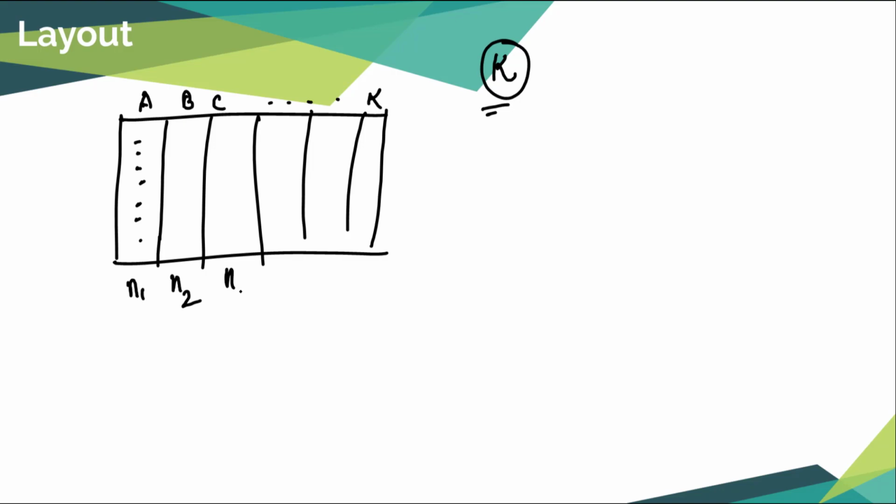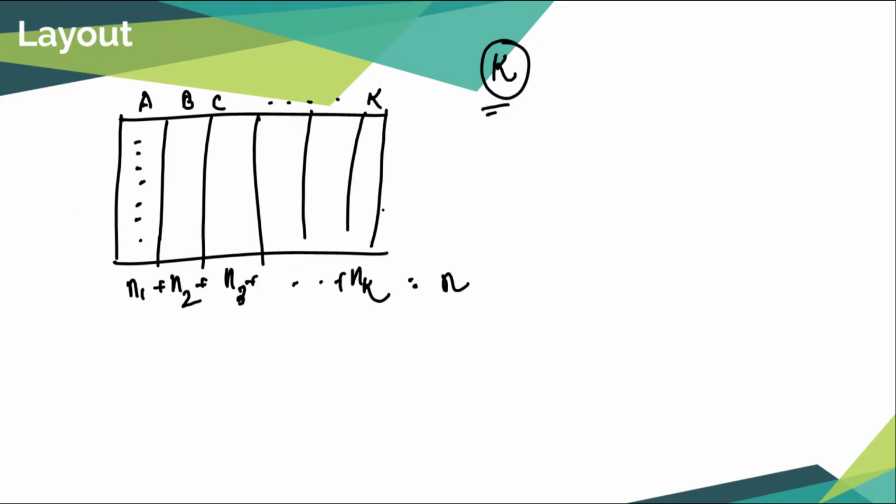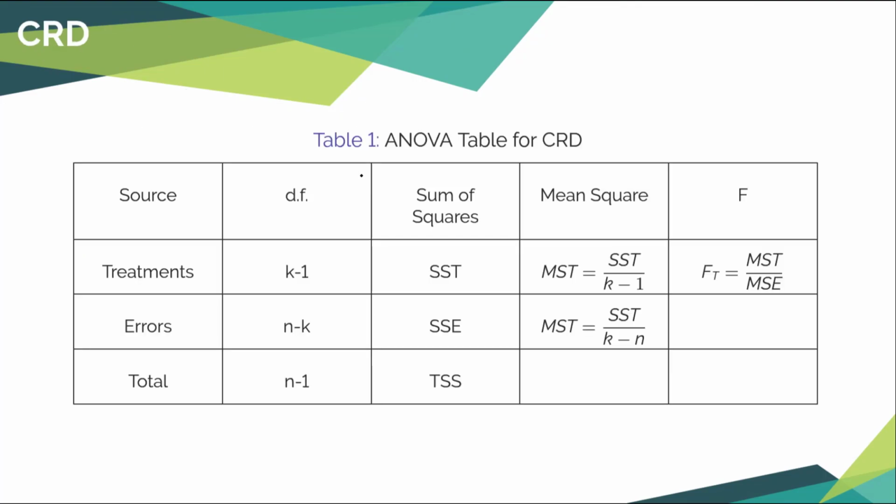In C, there will be N3 items up to Nk items, suppose, right? And at the end, if you add them, you should get the total number of items N that you started with, right? So in the previous example, we started with 20 and N1 is 15, N2 is 5. So if I add N1 plus N2, I get the total number 20. So that is your layout of CRD. Now what are the calculations for CRD?